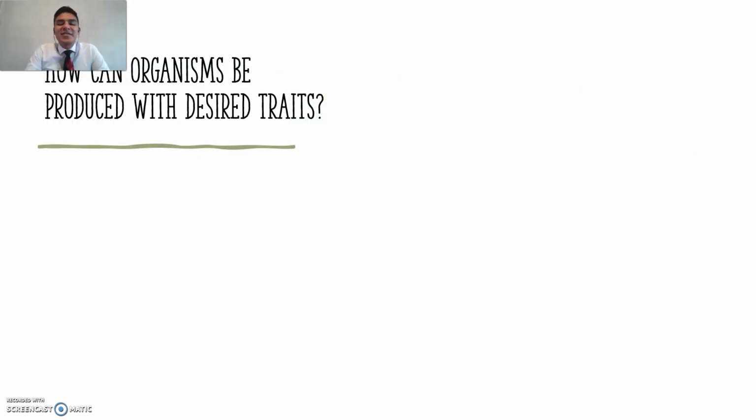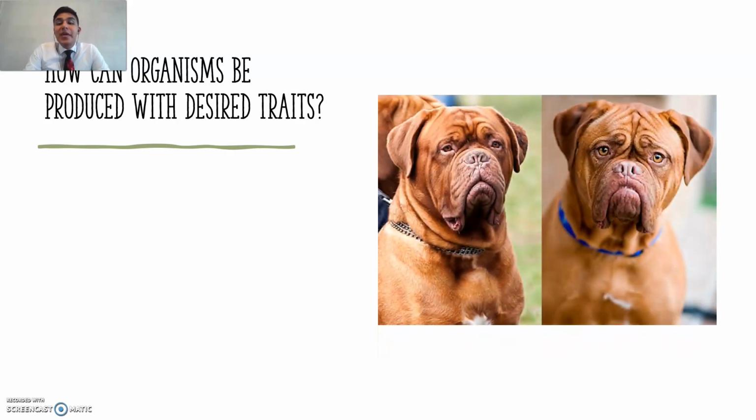All right, let's continue. So how can organisms be produced with desired traits? Remember, desired traits are desired characteristics that you would like to have in a certain organism. So here is a very clear example, and this is something that humans have been doing for a very long while. Humans take a look at 2 species that they like. For example, in this case, we have 2 very beautiful dogs.